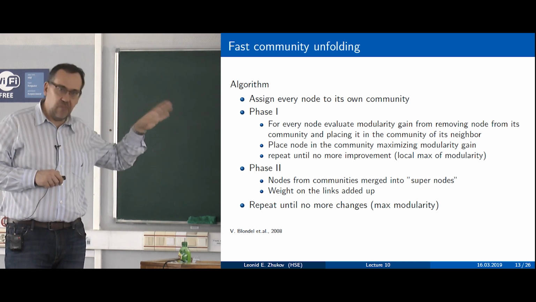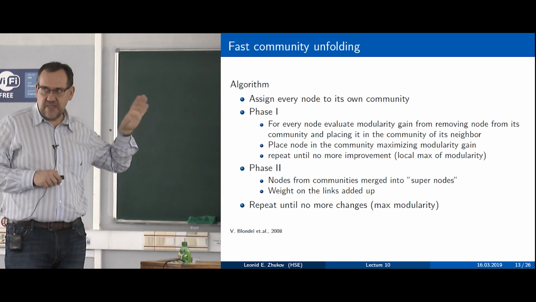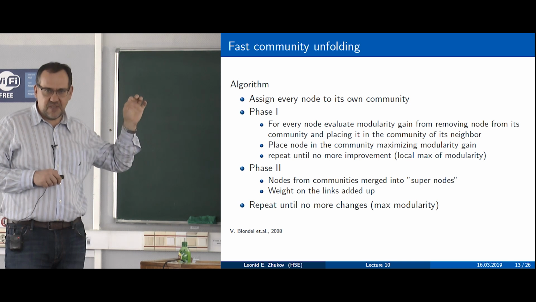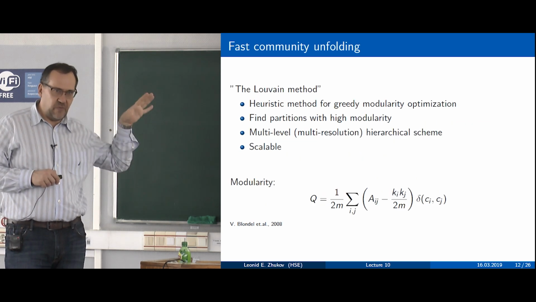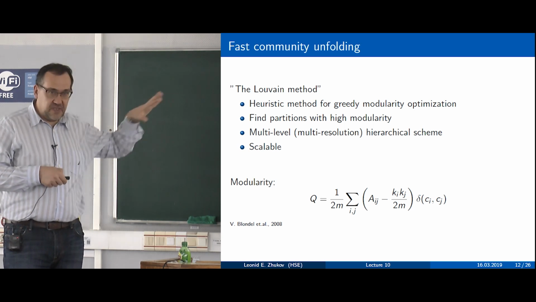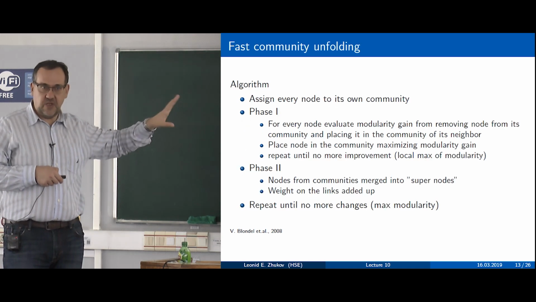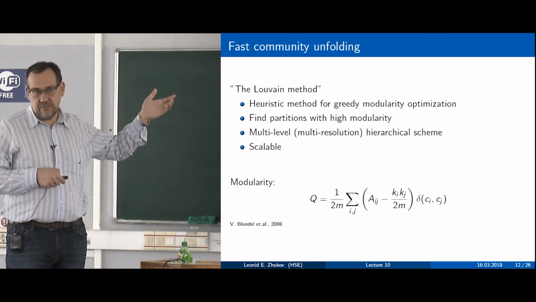If yes, it stays. Then you take the next node and do the same thing: check the neighbors and see if you want to join one of them. If the overall modularity for the entire graph decreases, you don't do it. If it increases, you do it.